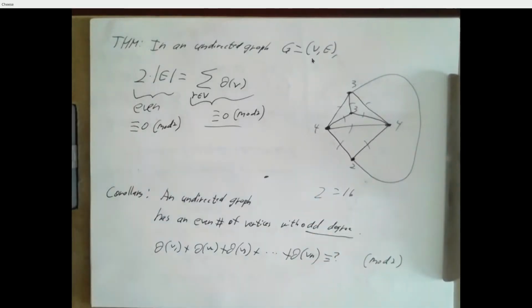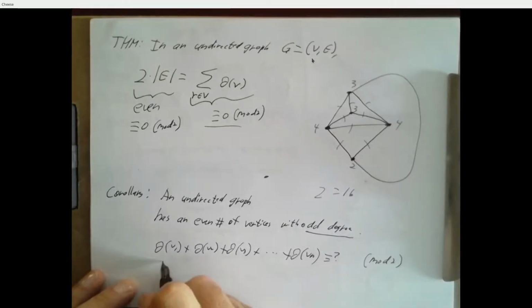Well, we know it's got to be congruent to 0, right? If the degree of a vertex is even, it's congruent to 0 mod 2, and if the degree of a vertex is odd, it's congruent to 1 mod 2. And so some of these will be 0 and some of these will be 1.